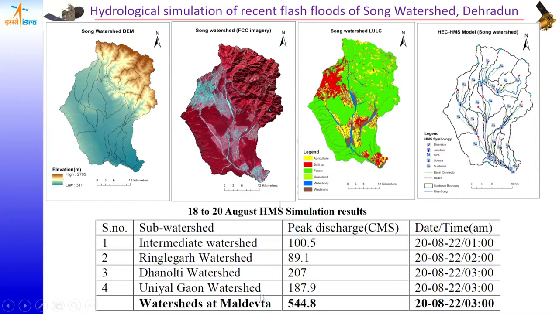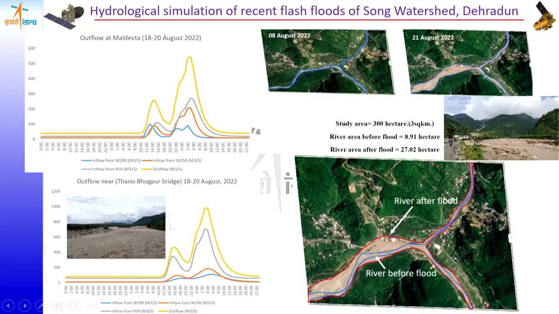In Maldevta, which is a very popular tourist site, somewhere here, in this particular area, these two catchments, these two tributaries, and this is Maldevta here, more than 540 cubic meters of water came in the middle of the night. So this is at Maldevta, and this is at the bridge site.